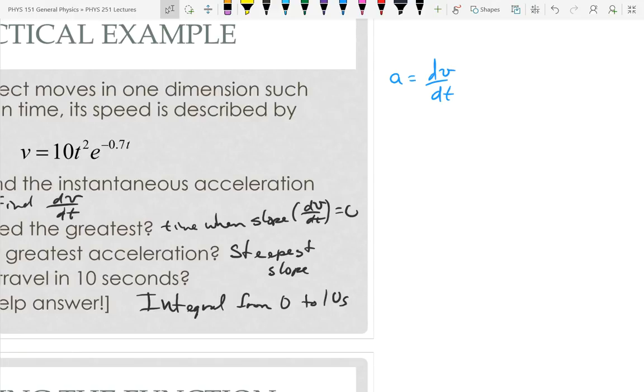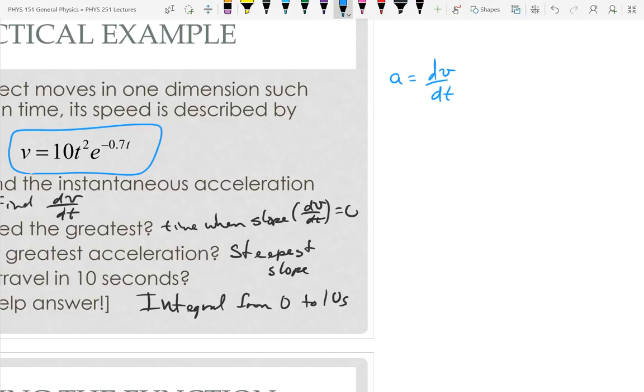It's perfect for what I can see so far in a quick glance. So I have dv dt. My v is written right here. So I'm going to take that derivative. What rule am I going to have to use to do this derivative? Not the chain rule, the product rule. Now, you could use the chain rule depending on how you do it as well. But the product rule is what I'm looking at.